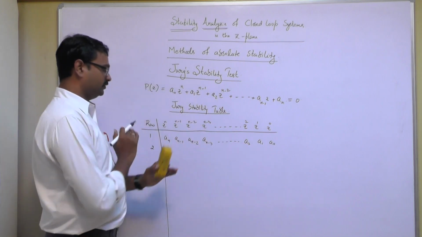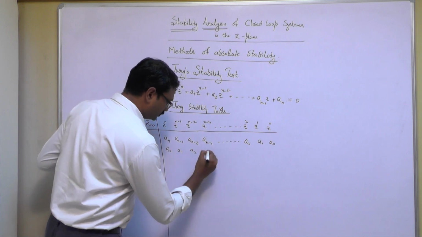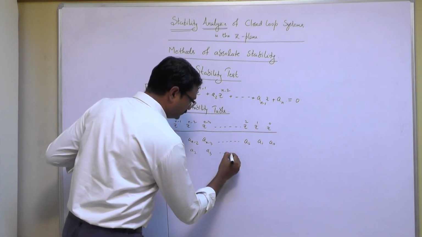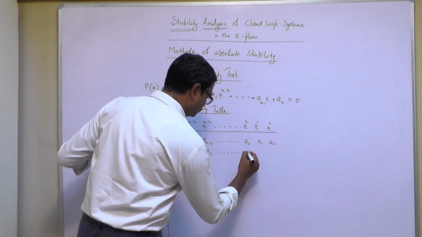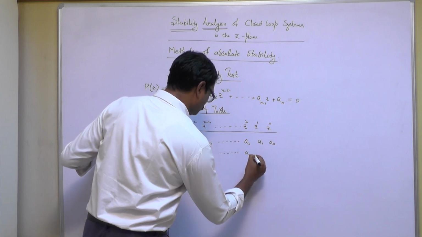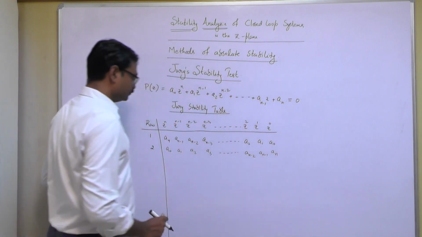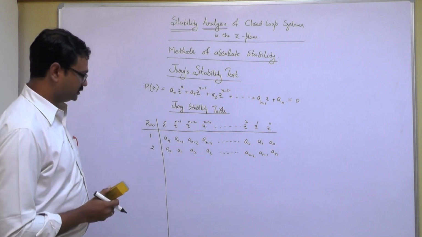The reverse order of this is considered A1, A2, A3 and An minus 2, An minus 1, An. Right, the reverse order is considered in this.